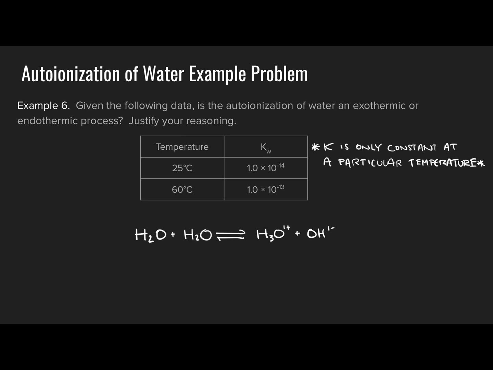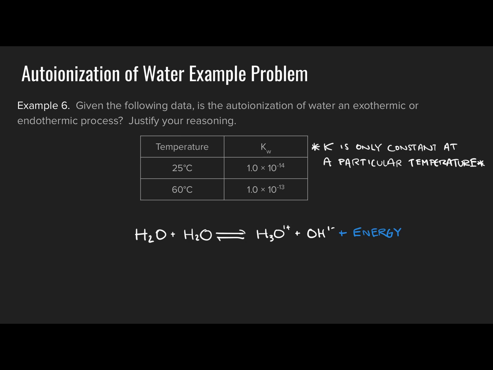So let's make an assumption that it's in this case going to be an exothermic process. To notate this as exothermic, I'm going to place energy on the right side of my reaction, and let's see if that prediction fits the data we've been provided with in our data table.